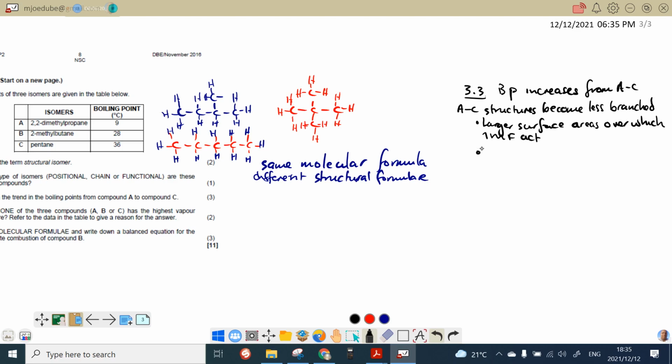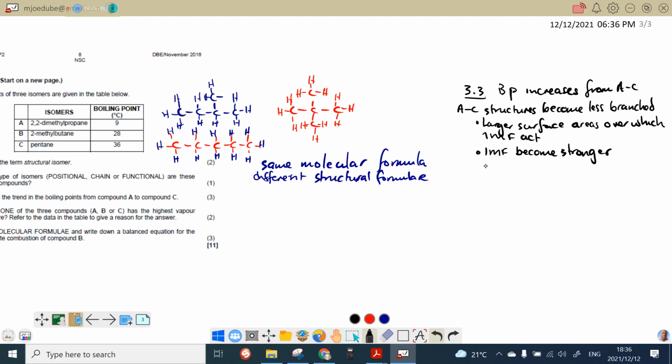And therefore, what is the implication of that? The intermolecular forces become stronger as you move from A to C. So the IMF becomes stronger, or there will be stronger van der Waals or stronger London dispersion forces. So you can actually state the type of forces that you have.